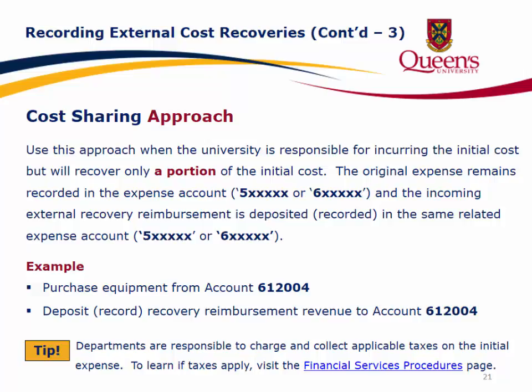For example, purchase equipment from the Equipment Purchases account 612004 and deposit or record the recovery reimbursement revenue to the same account 612004. The same tip applies. Departments are responsible to charge and collect applicable taxes on the initial expense. To learn if taxes apply, visit the Financial Services Procedures page.